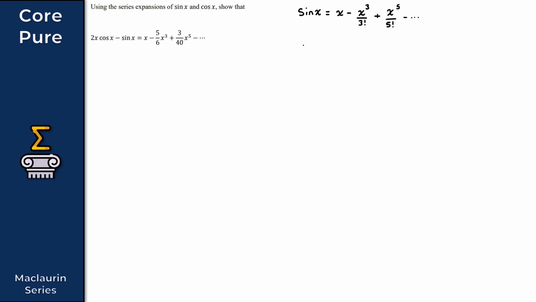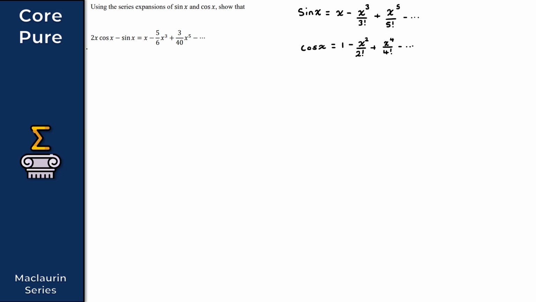Okay. Now for cosine x, this is given as follows. So we get 1 minus x squared over 2 factorial plus x to the 4 over 4 factorial. Okay. And again, that just keeps going on and on.